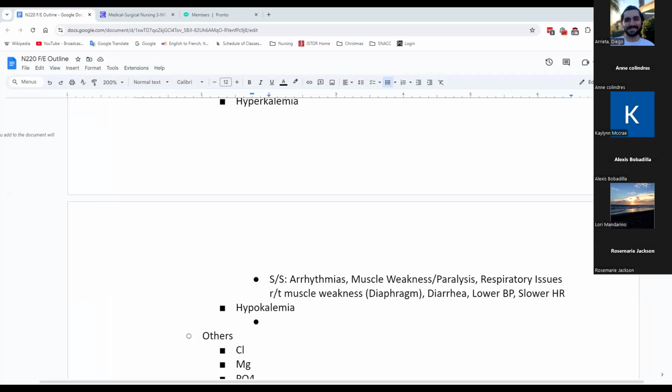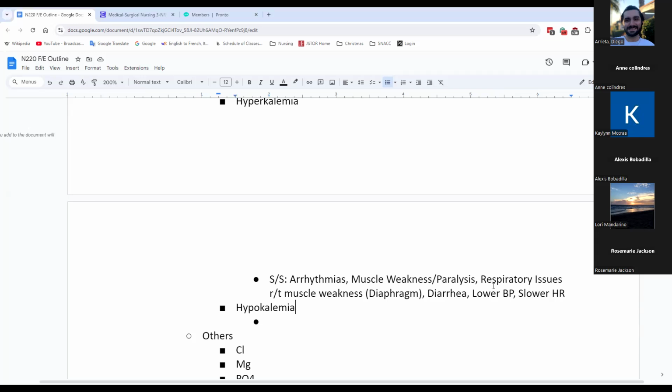Yep. So I think someone mentioned, Kayla, I think you attributed the respiratory or general paralysis more with hypokalemia. I think it's maybe less pronounced in hyper than it is in hypo, but that is a thing to keep in mind.